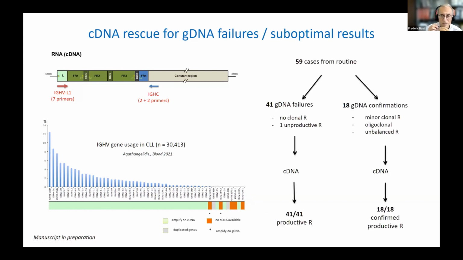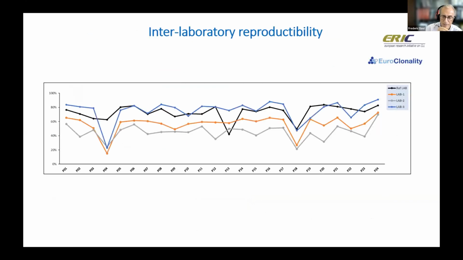And then we went back and took 59 cases from our routine test, either that had genomic DNA failure or which needed confirmation because of a minor clone or a really unbalanced result between two alleles or oligoclonality. And in all of them, we were able to confirm a productive rearrangement and to assess the mutational status.